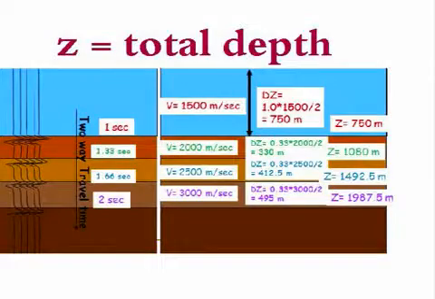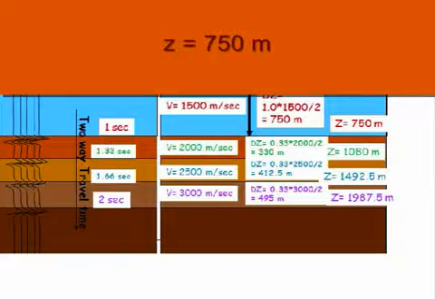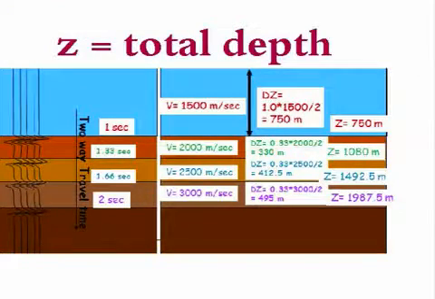V equals 1,500 meters per second. dz equals 1.0 seconds times 1,500 divided by 2 equals 750 meters. Z equals 750 meters. Second zone, V equals 2,000 meters per second. dz equals 0.33 seconds times 2,000 divided by 2 equals 330 meters.